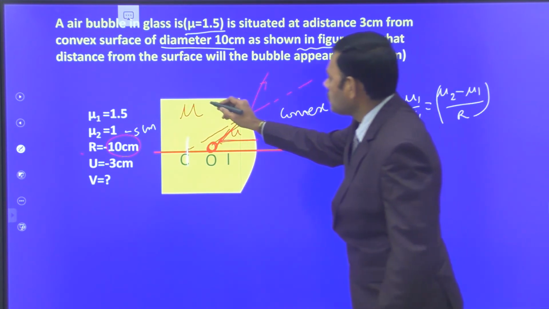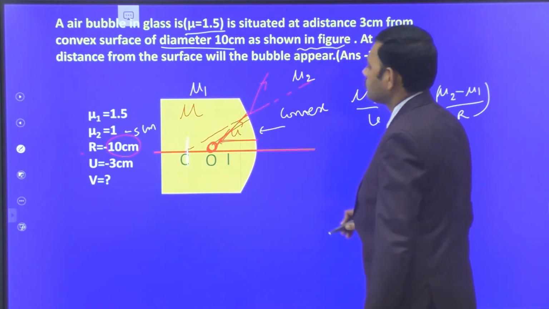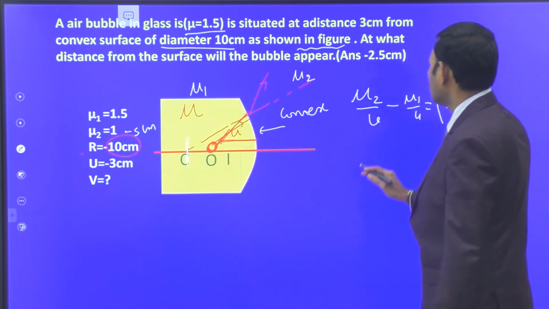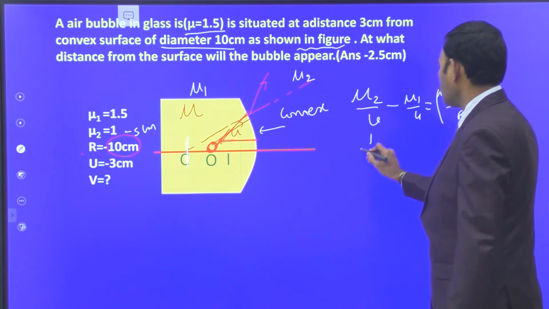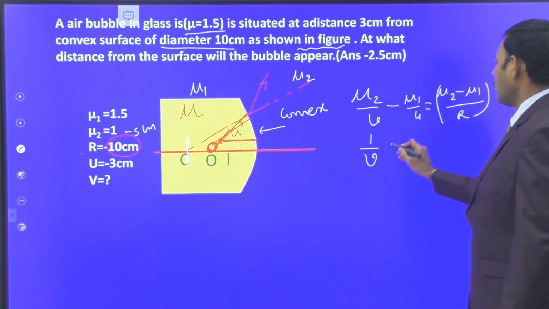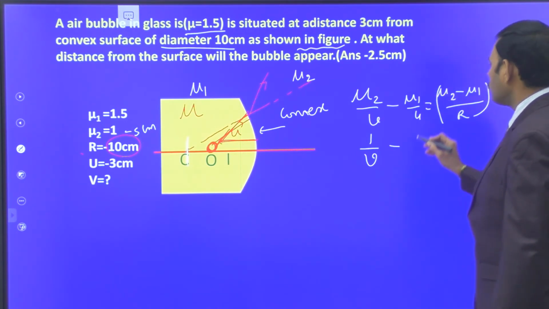Here this is mu1 and mu2 is the rarer medium. Here the light is traveling from the denser to the rarer medium. So the air medium, that is mu2, is 1. We have to find out the V value. Mu1 is the denser medium value, that is 1.5.